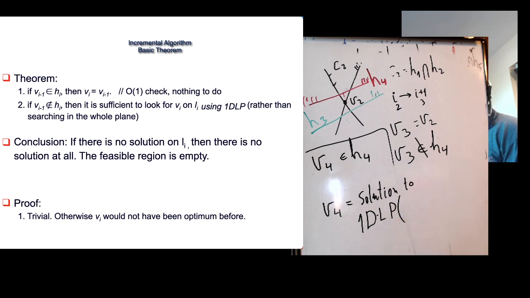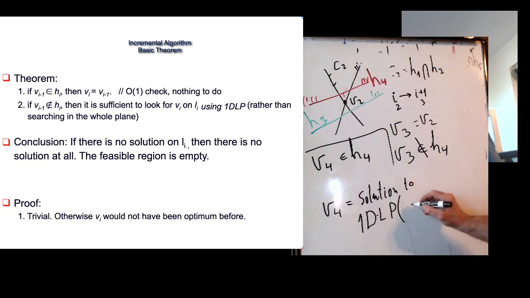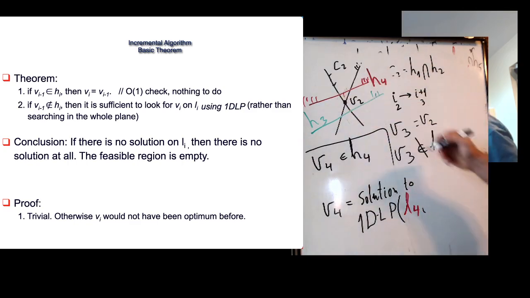What is this line going to be right now? This line is going to be, if you believe the theorem, L4. Let's make an attempt to be a bit consistent with the color. Then L4. Solution must be on the line L4.